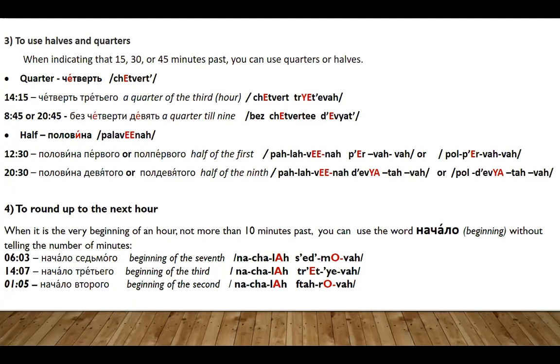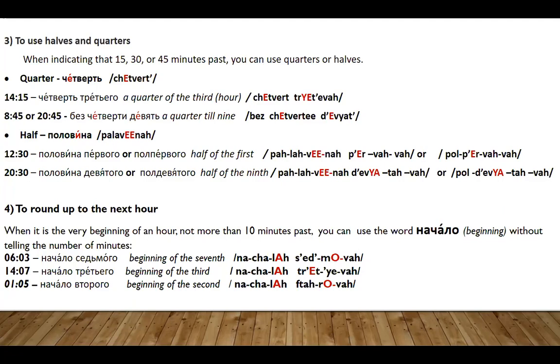We also can use the word half. In Russian it is половина. Literally half. For 12:30, we can say половина первого, half of the first hour, because 12 hours already passed. So 12:30 will be половина первого, or we can do a contraction and it will be пол первого.